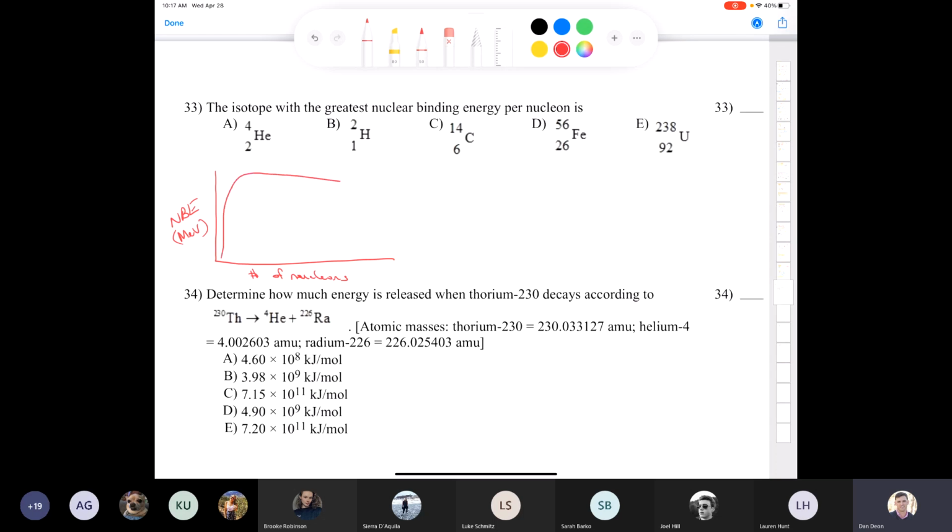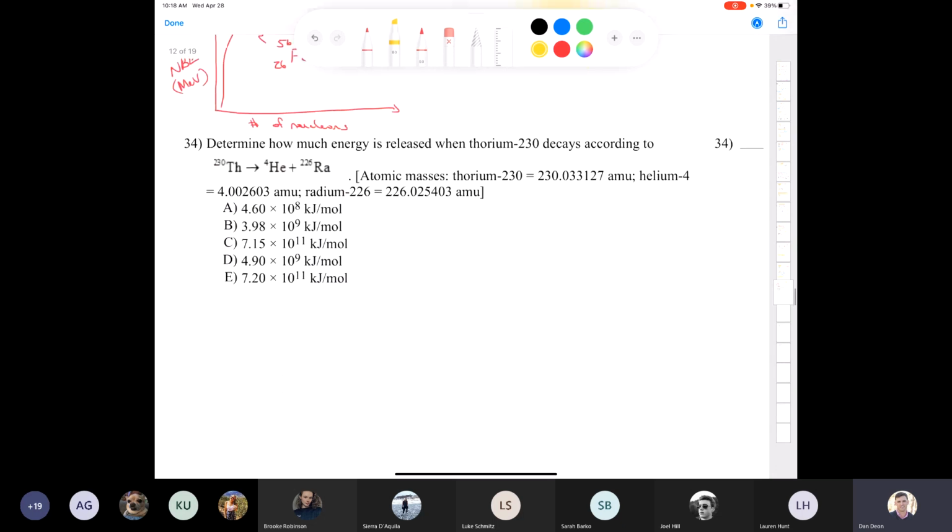Obviously I know there's some discrepancies along the way, but we said the king of the castle was iron 56. Iron 56 has the highest binding energy per nucleon. So that is just a fact that you need to know. Iron 56 has the highest nuclear binding energy per nucleon.